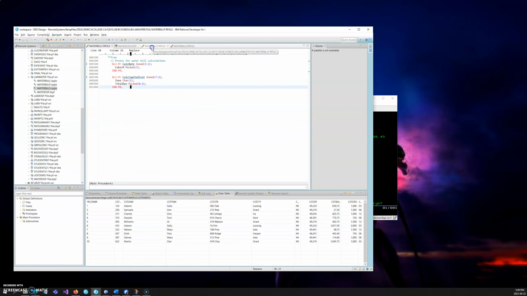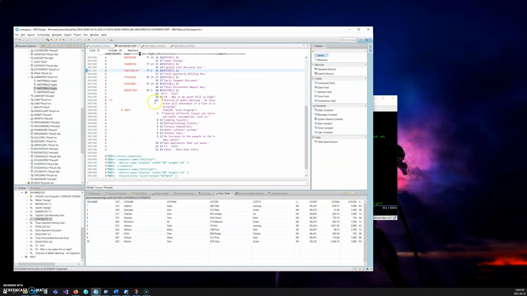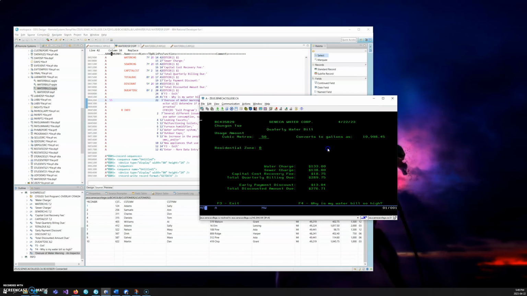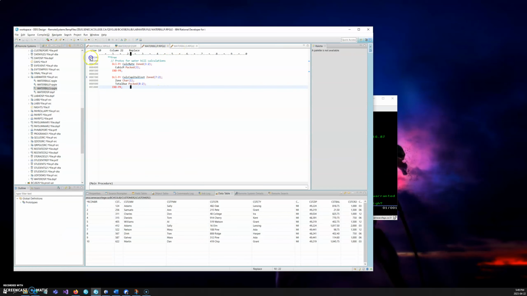Indicator 55, let's look at what it is. Indicator 55 says overuse of water warning. So if you have 100, then it's still okay. But if you have 101, let's say, oh, okay, overuse of water warning, and the inspector will determine if a fine is warranted. Scary.